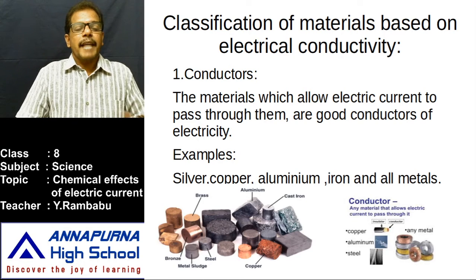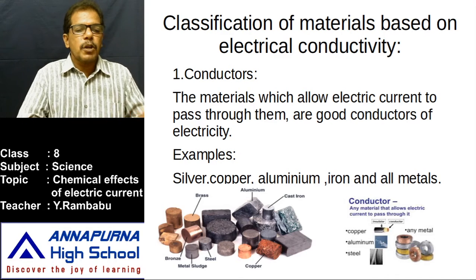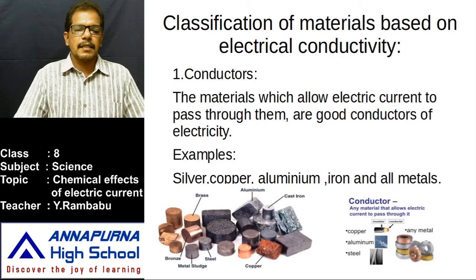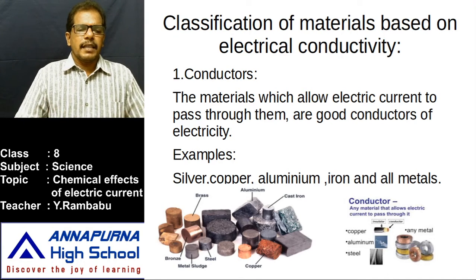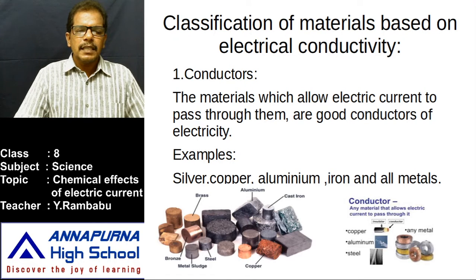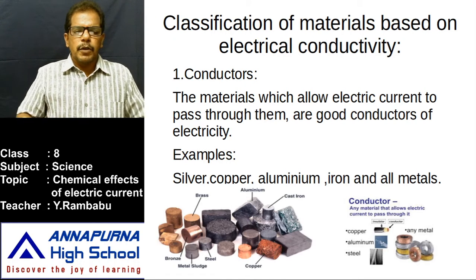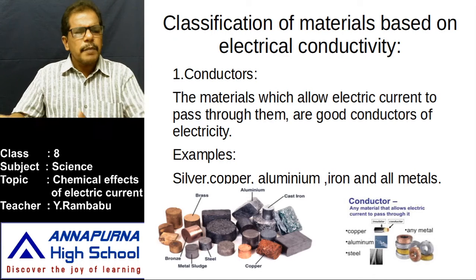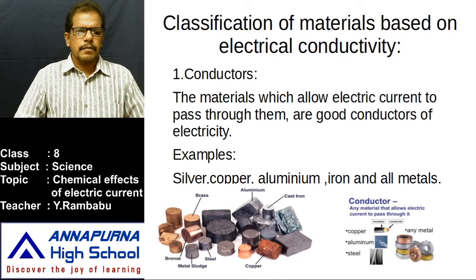But then why do these materials act as conductors? That means, what is responsible for carrying the charge in metals? Already we have learned that any material is made up of tiny particles called atoms. For example, if you take a building, what are the building blocks of that building? Bricks.